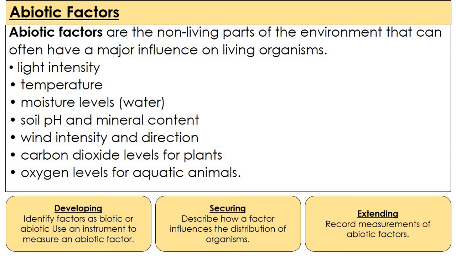Those factors are light intensity, temperature, moisture levels, soil pH and mineral content, wind intensity and direction, carbon dioxide levels and oxygen levels as well. What we need to be able to do is understand these as abiotic factors and understand how they can impact on the growth and development of animals and plants, and therefore the distribution of those populations of animals and plants within an ecosystem.